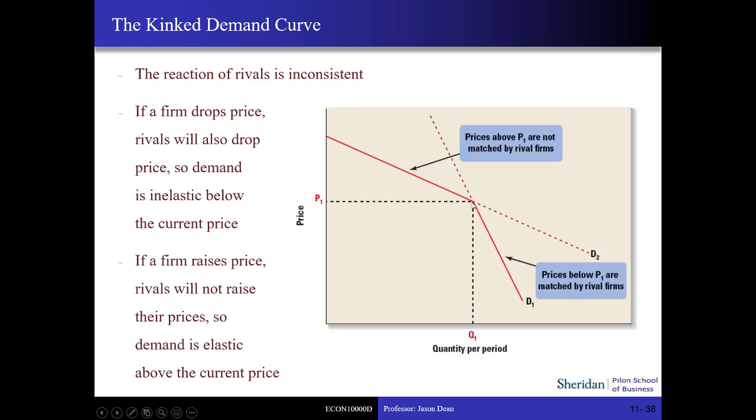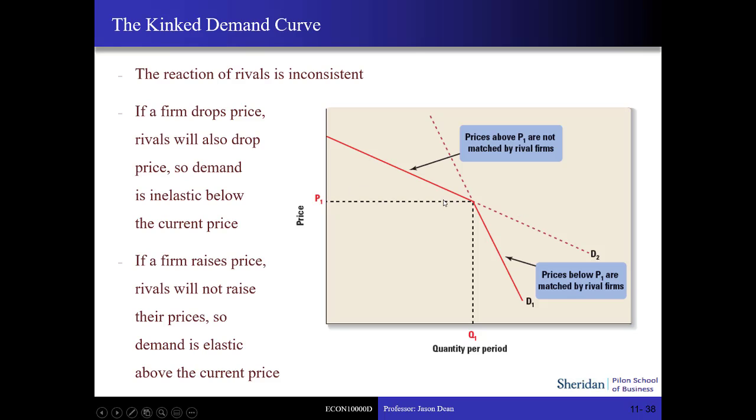Now, what we're going to think about is what happens if they increase their price or lower their price. Well, if they increase their price, their rival firms likely won't match that price increase, because why would they, right? They're seeing you increase your price and they're anticipating they're going to get more market share.